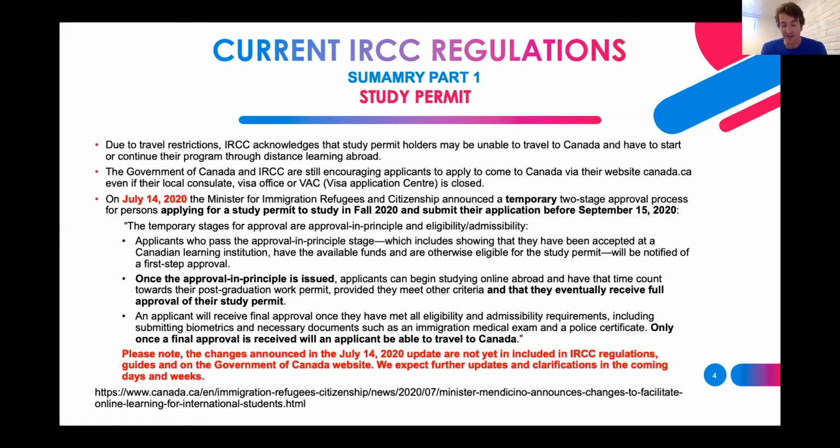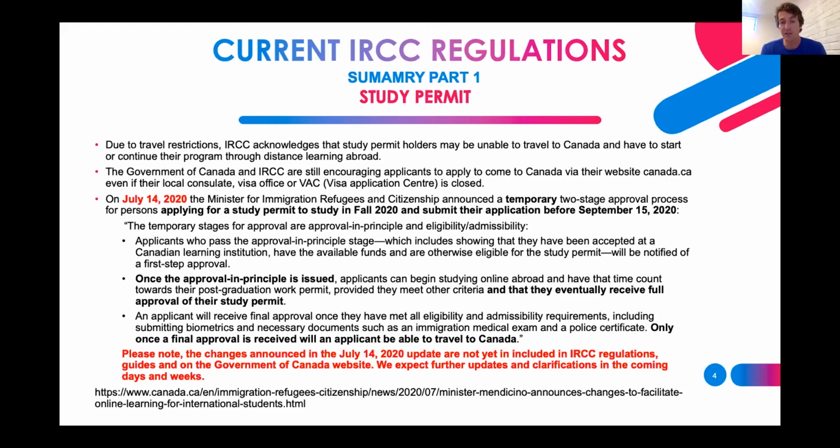For context, before the changes, if a person were to study overseas from abroad, that time would not count towards a postgrad work permit, normally. So what this is saying is that if a person received the first stage approval for their study permit, then they will allow that time studying overseas, online of course, to count towards a postgrad work permit application.